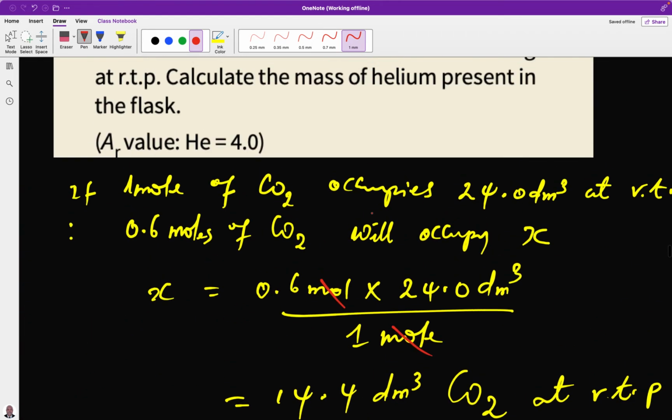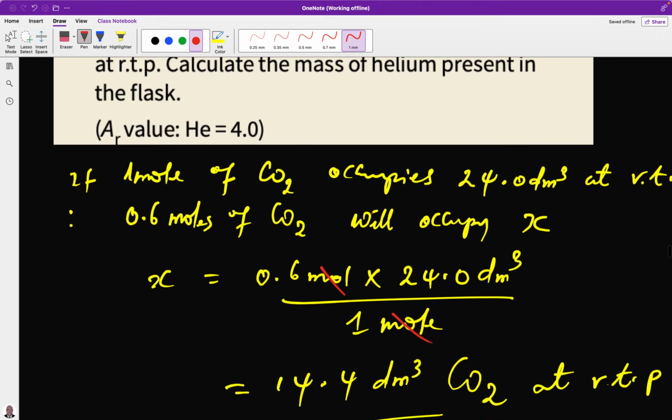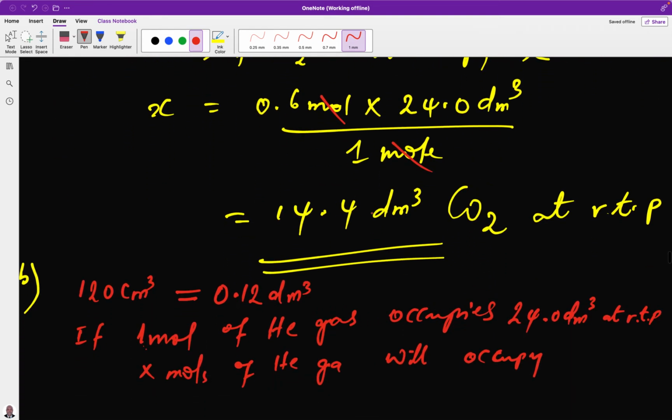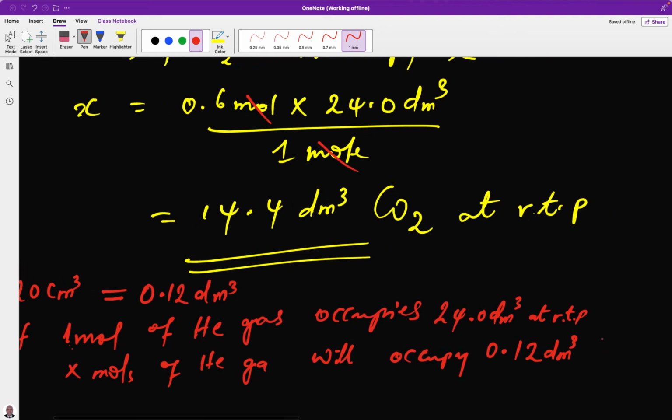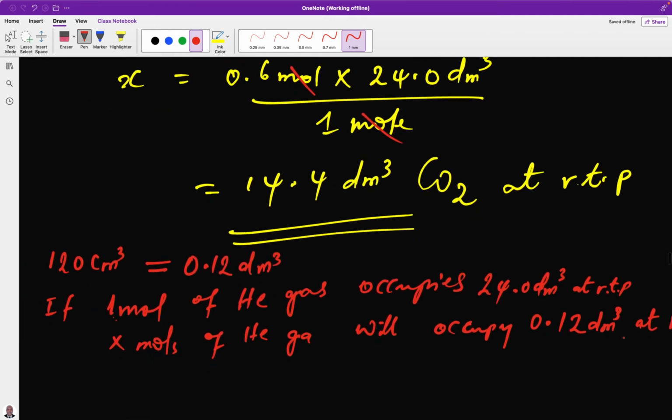what is the volume we calculated? The volume here is 0.12 dm cube at room temperature and pressure. So it's a simple proportion.